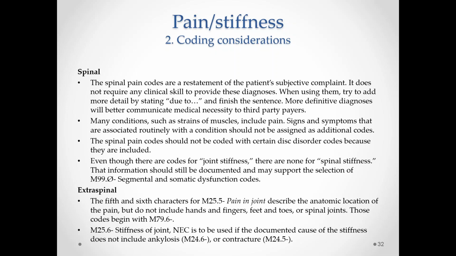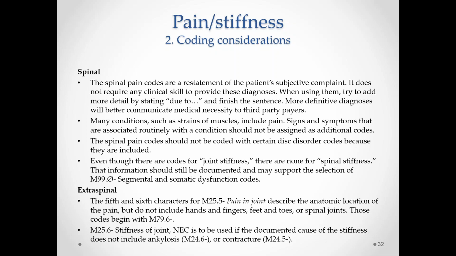What about the extra spinal pain and stiffness codes? Well, the fifth and sixth characters are there for your anatomic location. And for whatever reason, the fingers and the toes are found in M79.6. And the very last bullet here on your screen, stiffness of a joint, NEC: you only use that code if you don't know what's causing the stiffness.